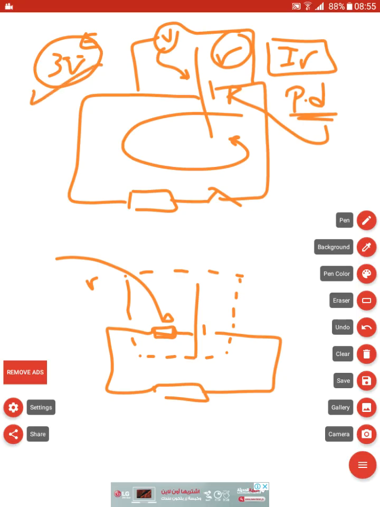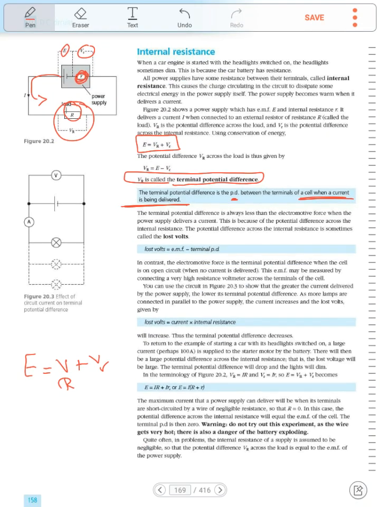Maybe you have 2.9 volts because 0.1 volt will be used by the battery. This value, I multiplied by r, is the lost volt. So the lost volt equals the EMF minus the voltage of the terminal. And all the companies try to make the amount of lost volt very small to make the battery more efficient.